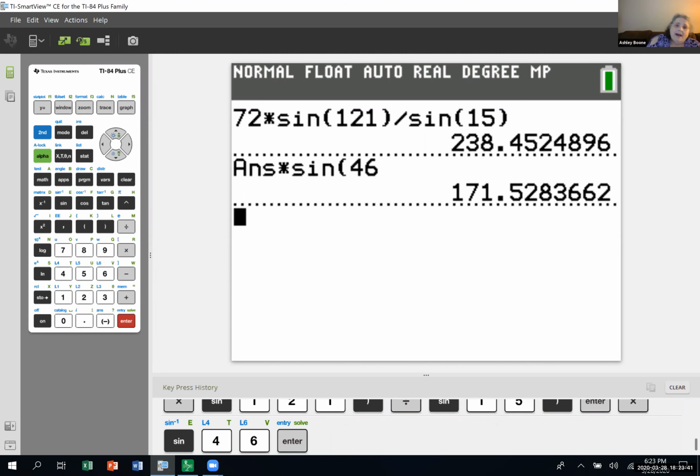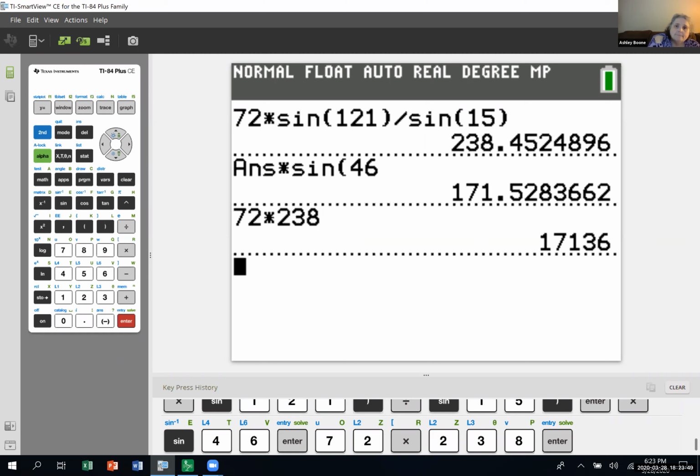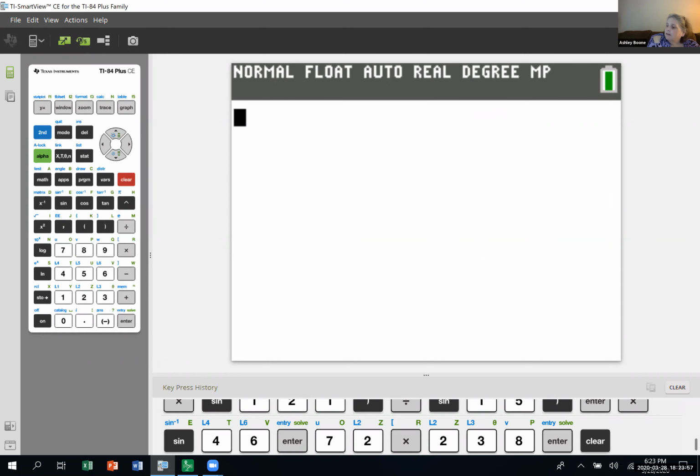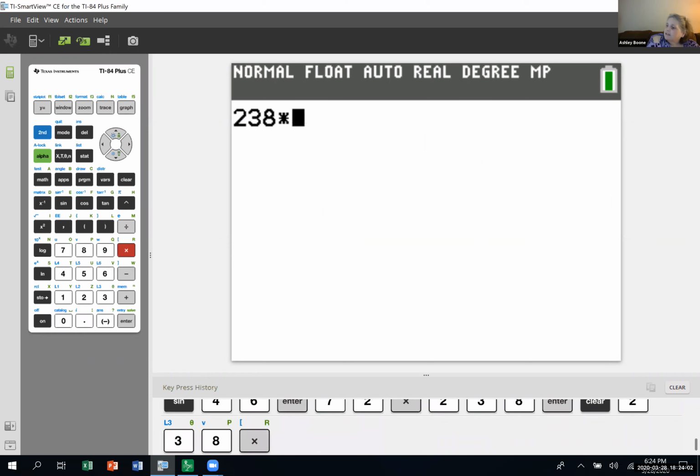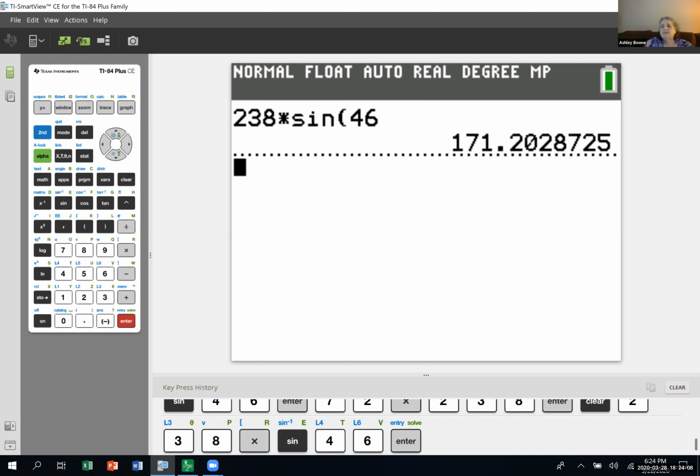Now, if I had gone 72 times 238, whoops, sorry, that's not what I wanted there. I wanted the number 238 times the sine of 46. That's what I had. I went back to an old problem. 238 times the sine of 46. Notice I get 171.2.